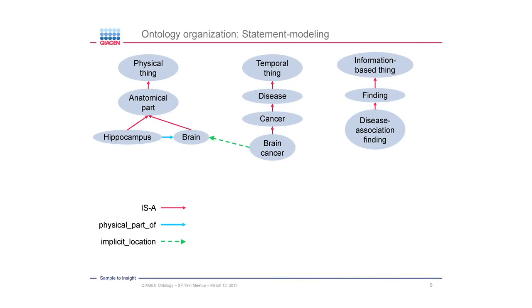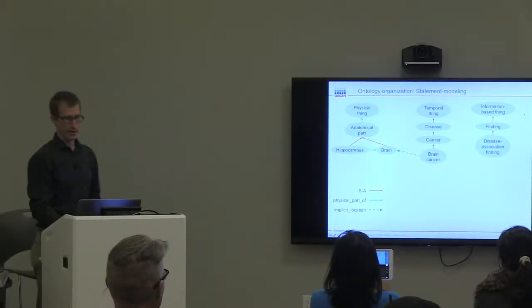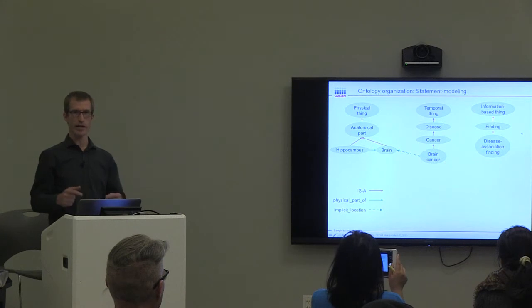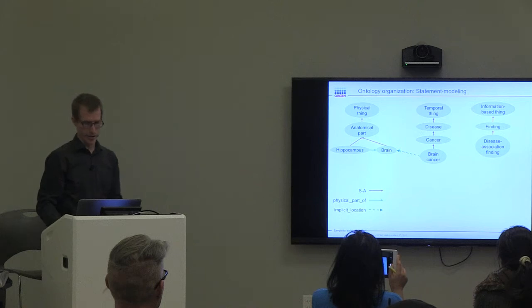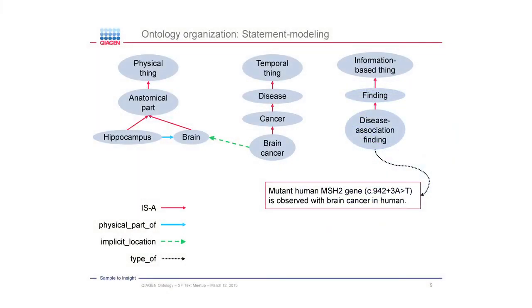So I mentioned that assertions themselves get classes in the ontology. So we have something called information-based thing. Findings go under those, and then we have different kinds of statements that we can make, and each kind of statement gets a class. So one of those classes is a disease association finding. It's already fairly specific.